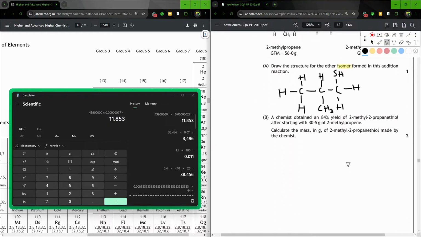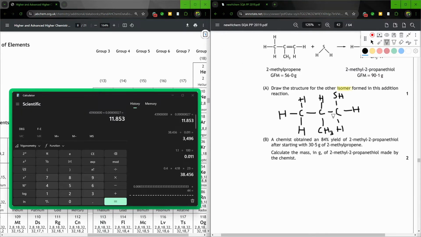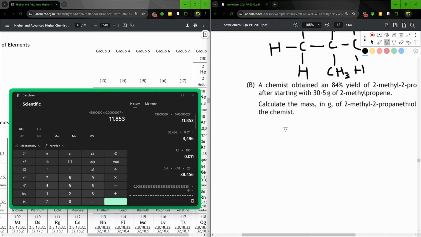A chemist obtained an 84% yield of 2-methyl-2-propanethiol after starting with 30.5 grams of 2-methylpropene. Calculate the mass, in grams, of 2-methyl-2-propanethiol made by the chemist. Okay, so this is a yield question.